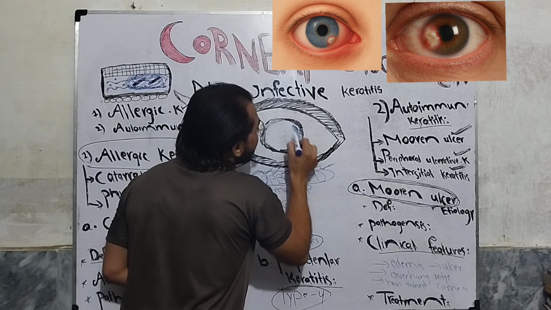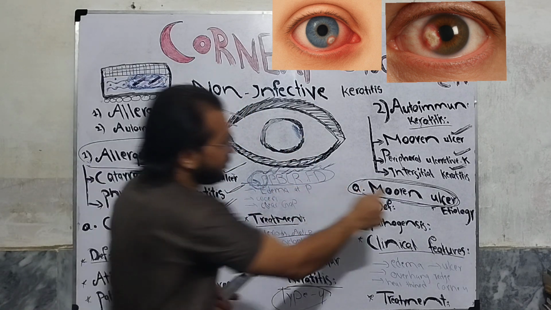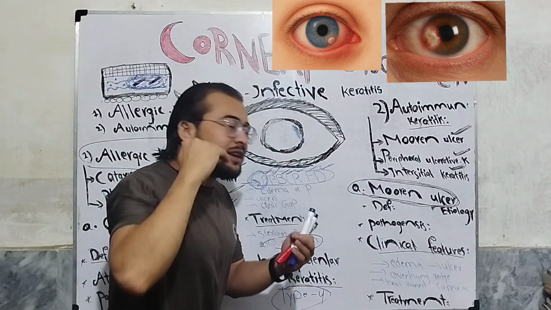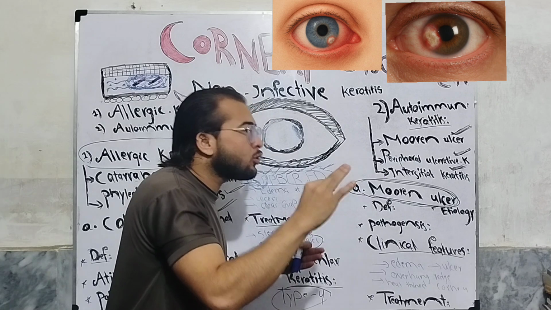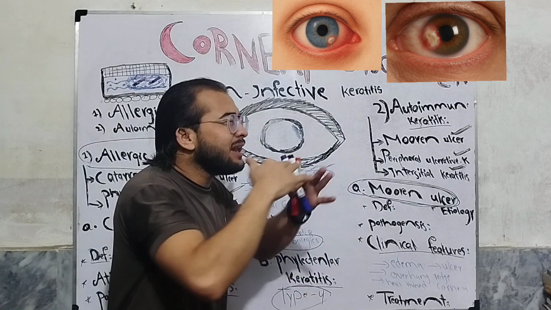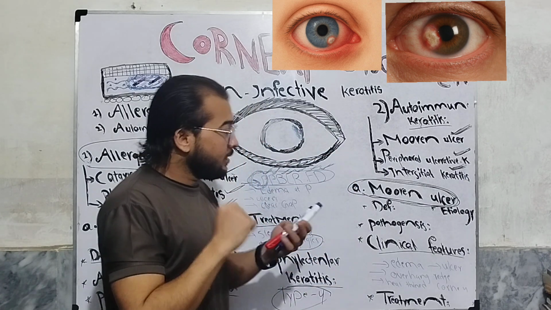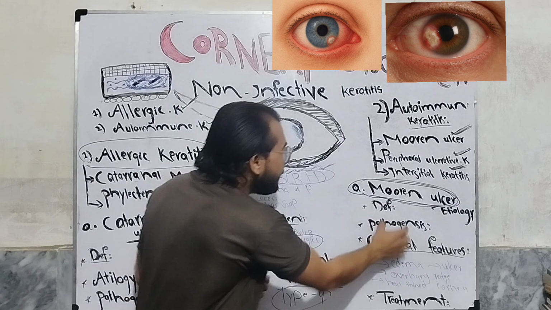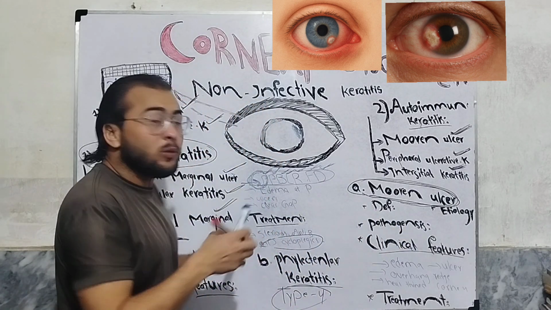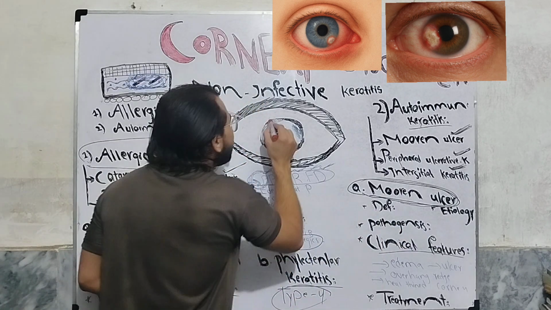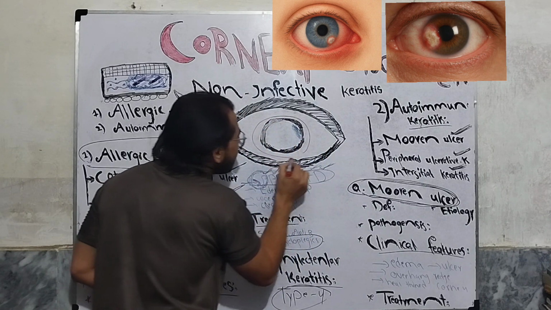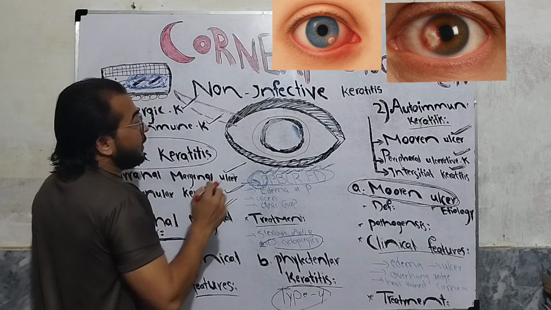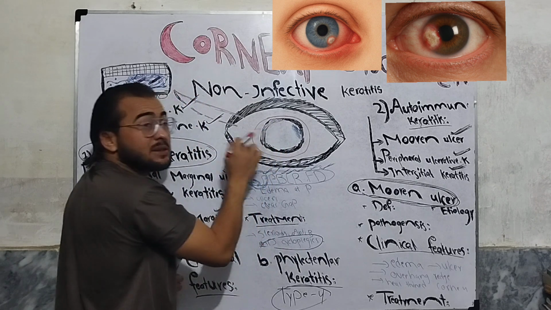Okay, etiology is that it is an autoimmune condition, but we do not know the exact source of autoimmunity. It is basically idiopathic. Okay, pathogenesis: we know that there is the limbal vasculature, and the limbus depends on this.